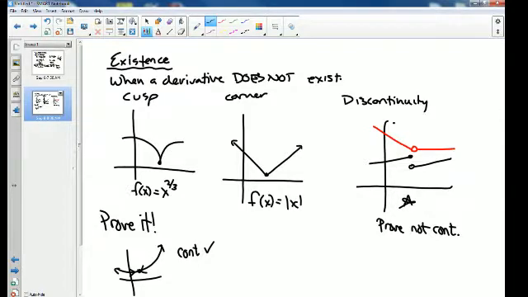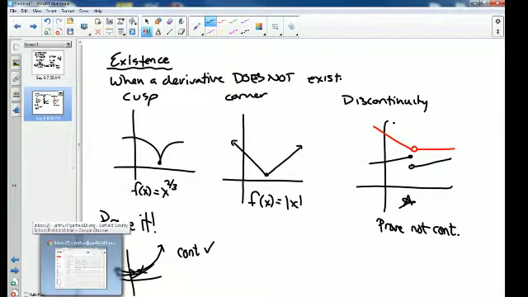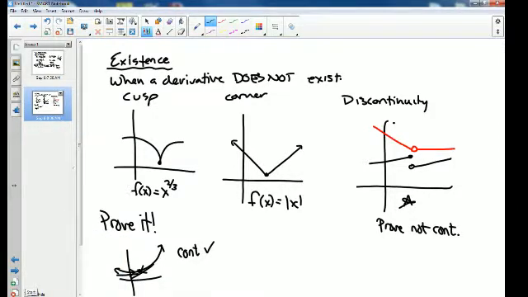What is happening in each of these directions? What's happening to the tangent lines as we move closer to this point? They're coming to the same slope, right? So basically for the corner and the cusp, because the slope is changing immediately, it doesn't. The slope coming from the right is different than the slope coming from the left.